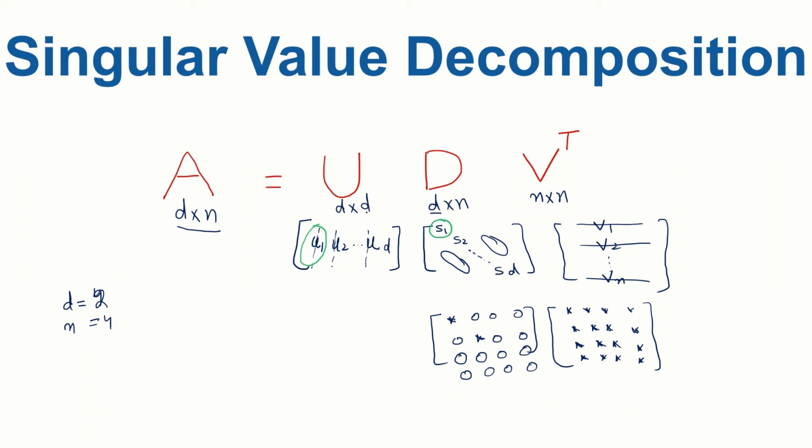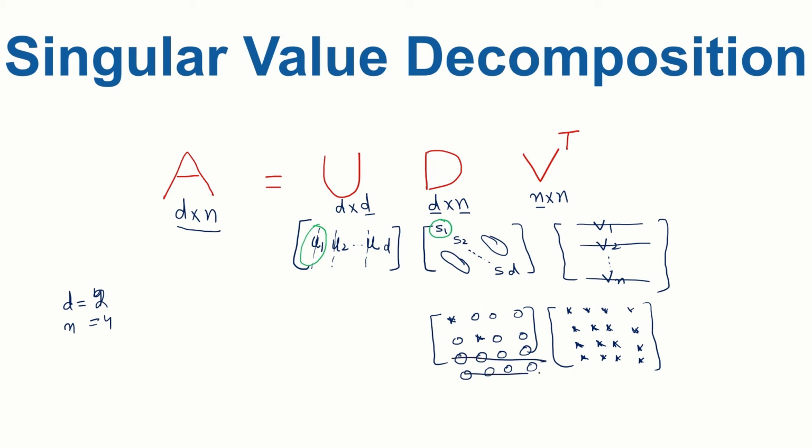This d should stay consistent with this d, and this n should stay consistent with this n. We can pad it with zeros on the columns, but we have to be very careful to keep the dimensions and the order of matrix multiplication consistent.